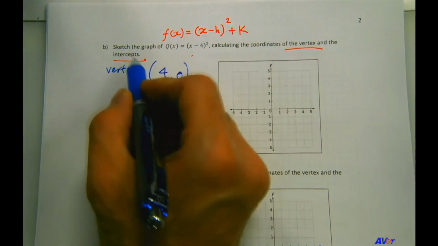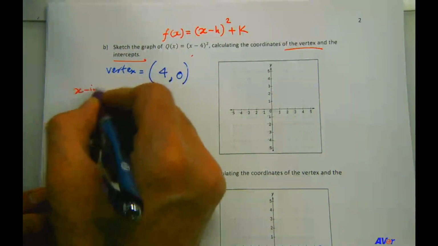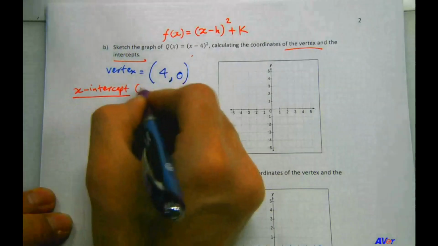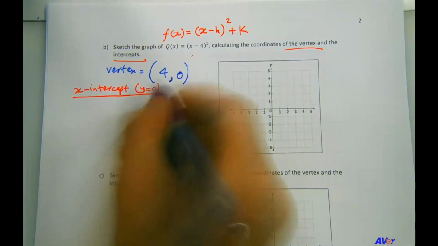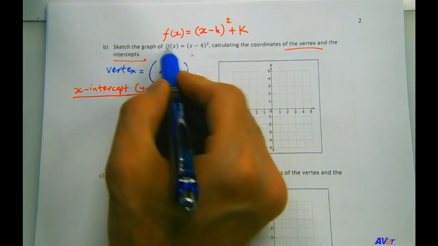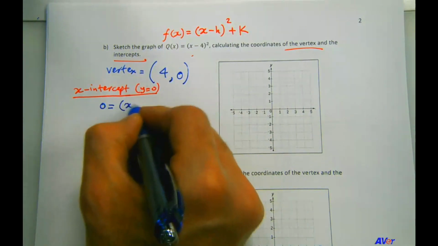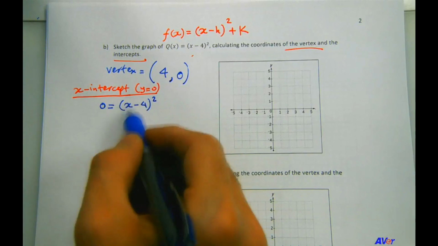Then the intercepts. The x-intercept is where y equals 0. That means q of x equals 0. So we take the square root of both sides.